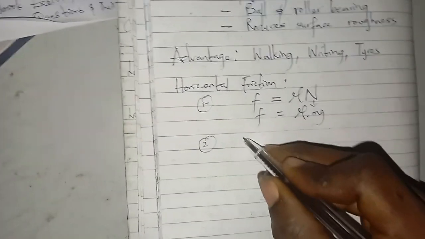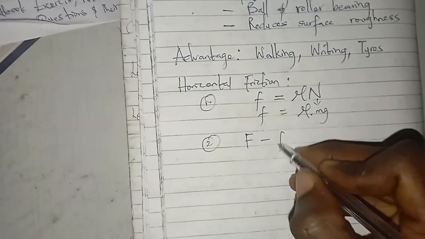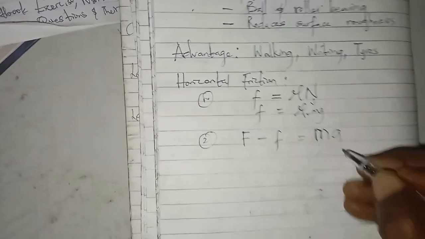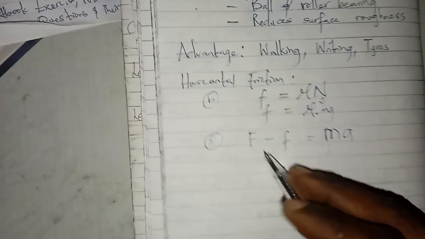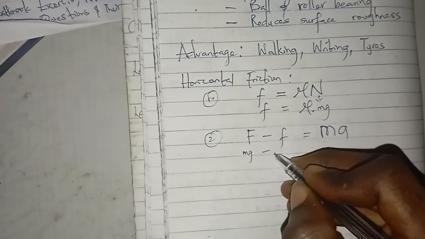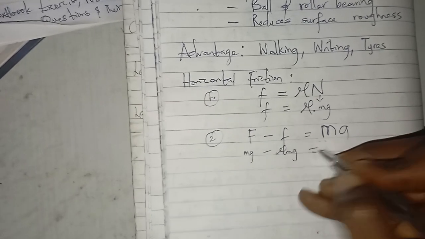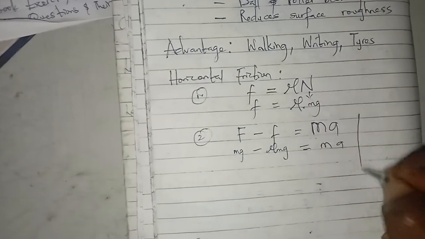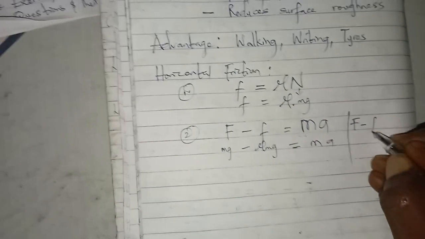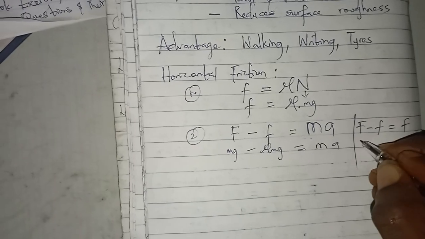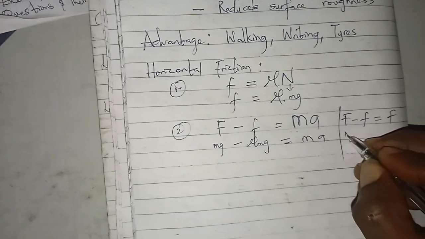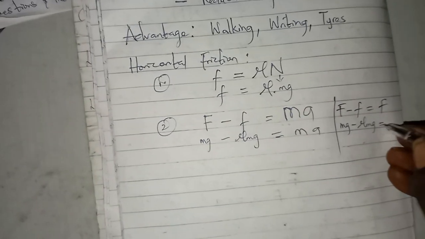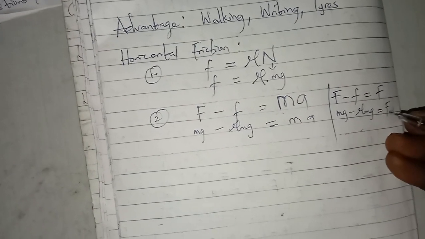The second one is if I have a force minus friction, I should have the F net, which is MA. And remember that this is F minus mu mg equals MA, or you just say F minus F equals F net.